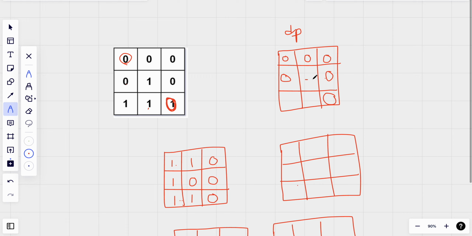The rest of the cells will be filled with a -1, but for now I'm just going to keep them empty so that I do not have to keep erasing. And all of these cells will be stored in a queue so that we can perform a BFS approach. Okay, so these are stored in the queue.